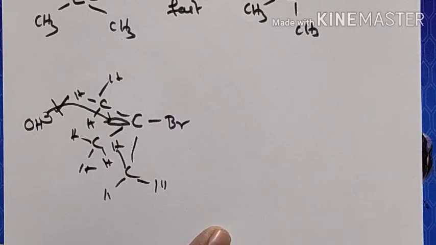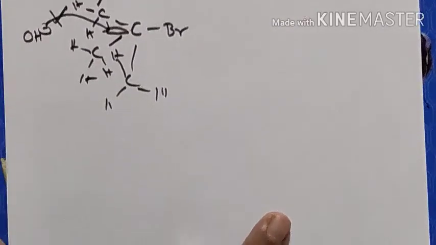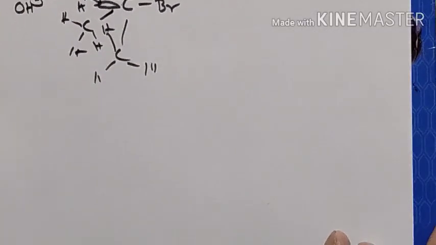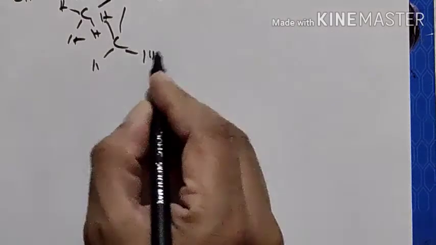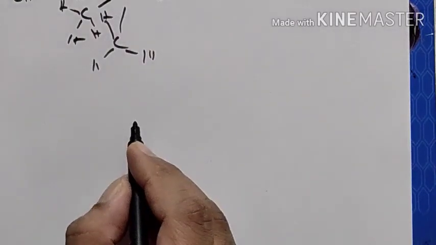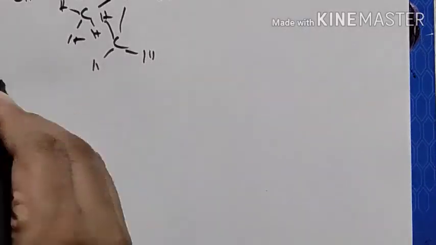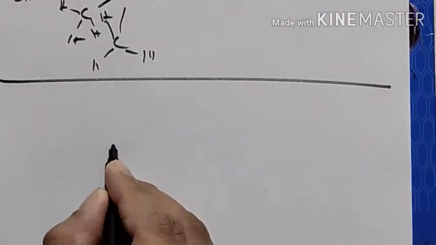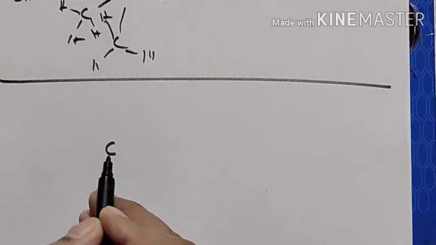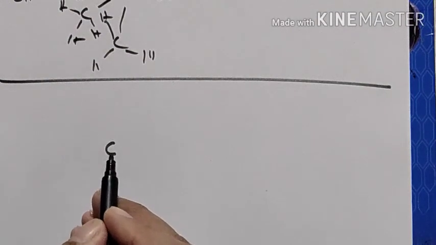Now, if I talk about the stereochemistry of SN1, when I say stereochemistry, what does it mean? Let's understand. If I have to discuss stereochemistry, I should have an asymmetric carbon.